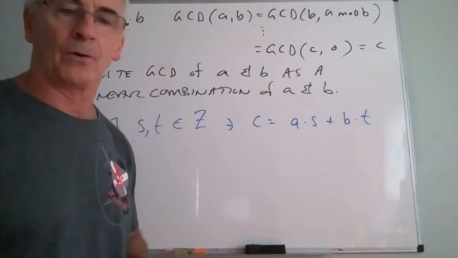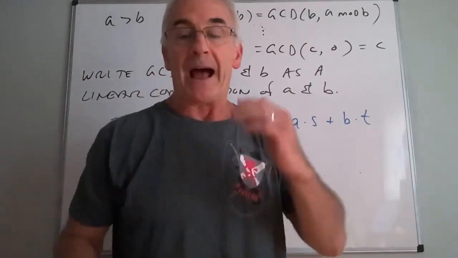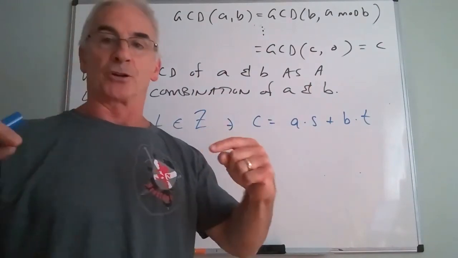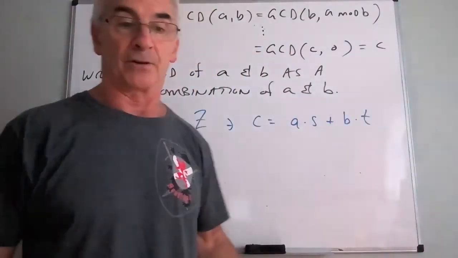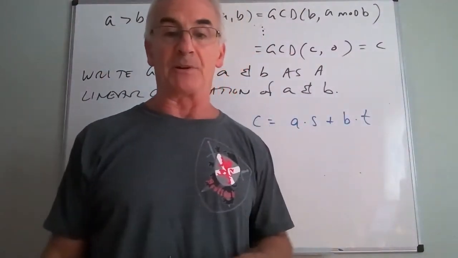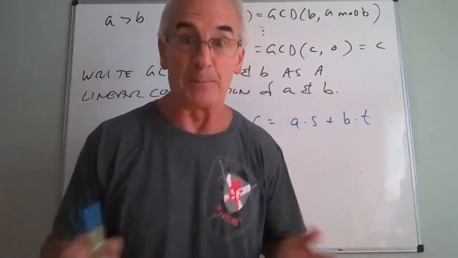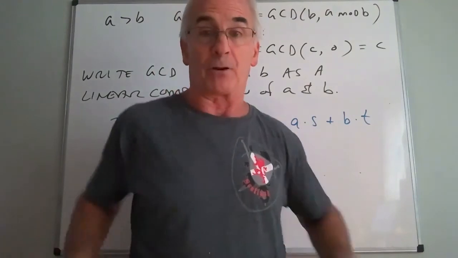All right, so our goal now is to do a linear combination, and I'm going to walk you through it. The algorithm produces the GCD. What I'm going to show you is the algebra to work backward to generate the linear combination. Now, the algebra is actually a unique process, meaning if 1,000 people are doing the same problem, they all have to have the same numbers in the same place. There aren't variations.